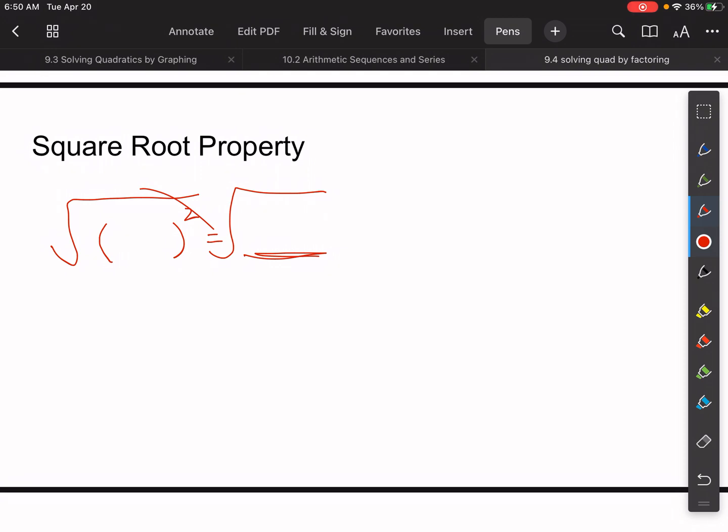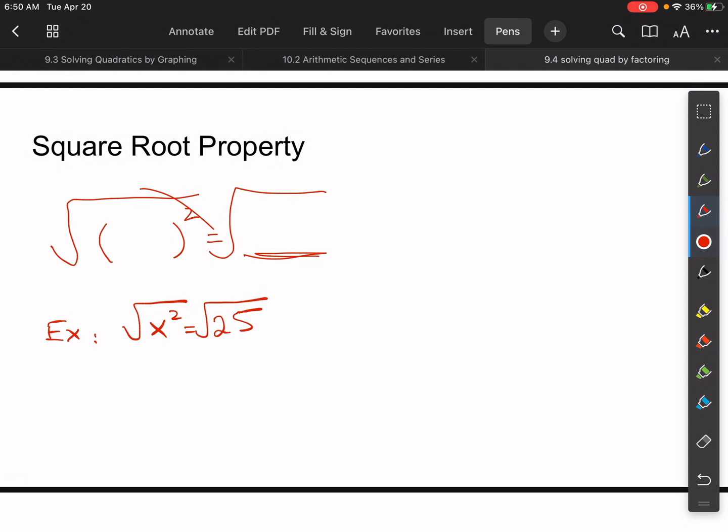What do I mean by that with the square root property? Let's give an example so you can get this into your notes. If I have x squared is equal to 25, then to solve this I can take the square root of either side. Notice a couple of things when I do this.